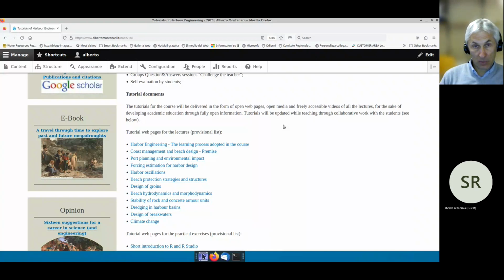After the first 2 hours of lectures, I am planning to make a practical exercise. So today I am also starting the exercises to compute wind forces over a vessel, over a ship, and mooring forces.